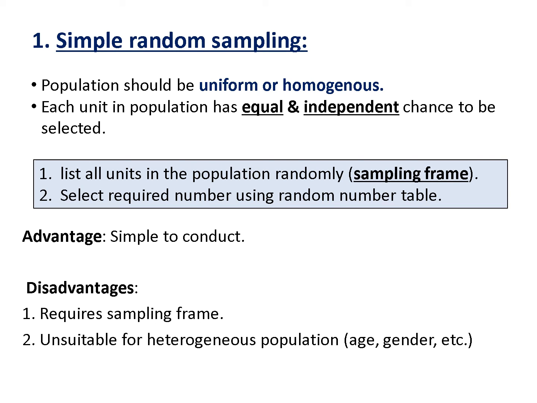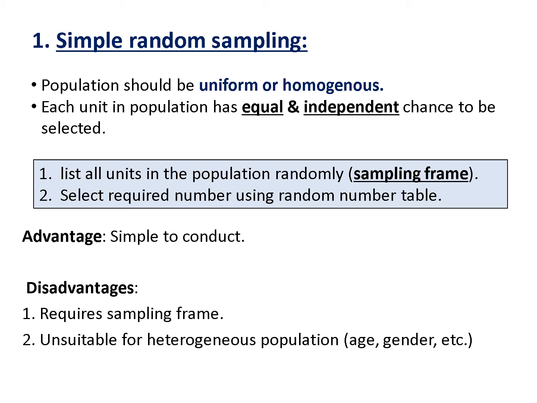As regards simple random sampling, the population should be uniform or homogeneous, and each unit in the population has an equal and independent chance to be selected. How can we do this? First, we list all the units in the population randomly in the sampling frame, and this is an important point. We have to take care about the sampling frame.